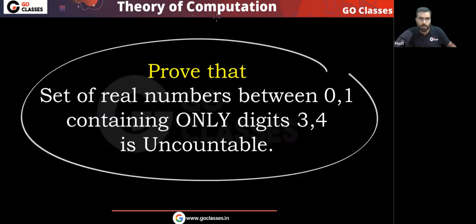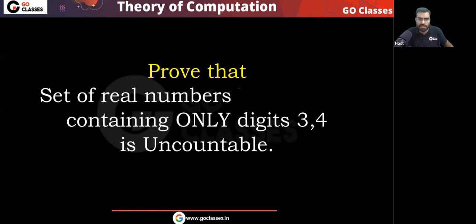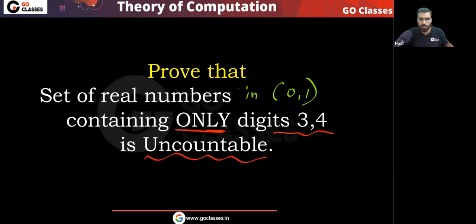We are first going to prove that the set of real numbers between 0 and 1 containing only the digits 3 and 4 is uncountable.